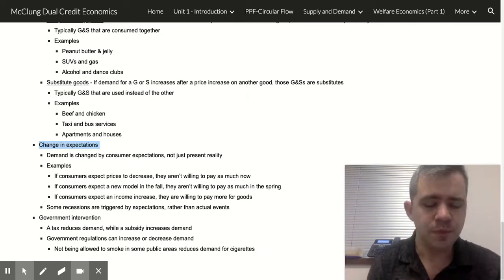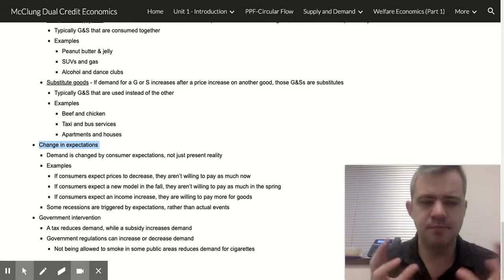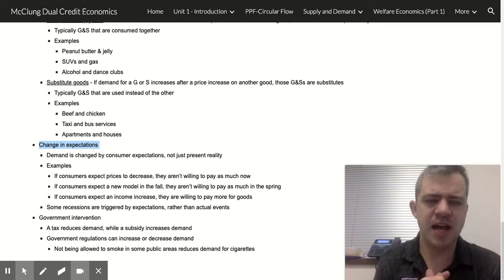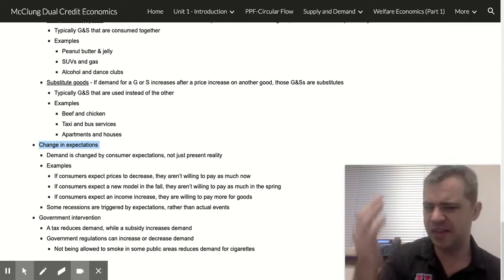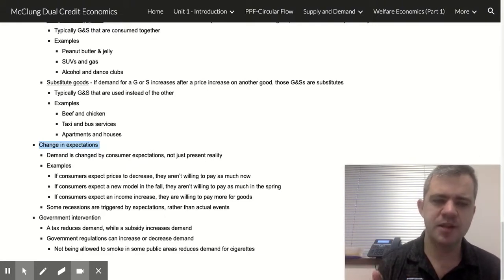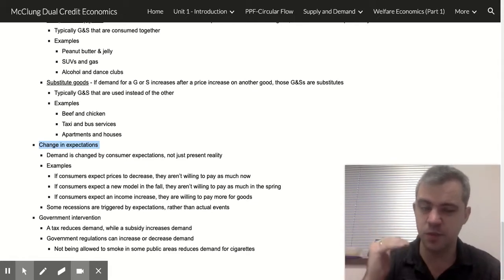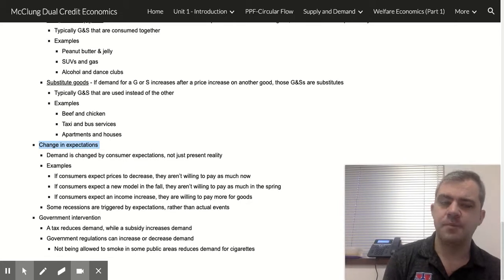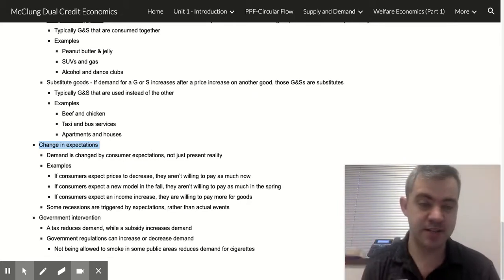Now, something else that this has to do with is a lot of times companies have to be very smart about how they discount their products. Because if consumers have a very predictable schedule of when something is going to be discounted, then they're going to stop buying it right before it's going to get discounted.